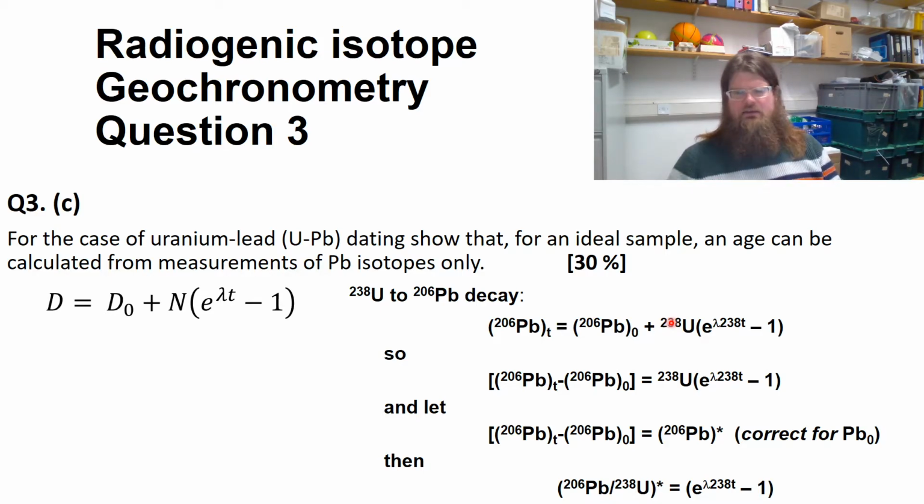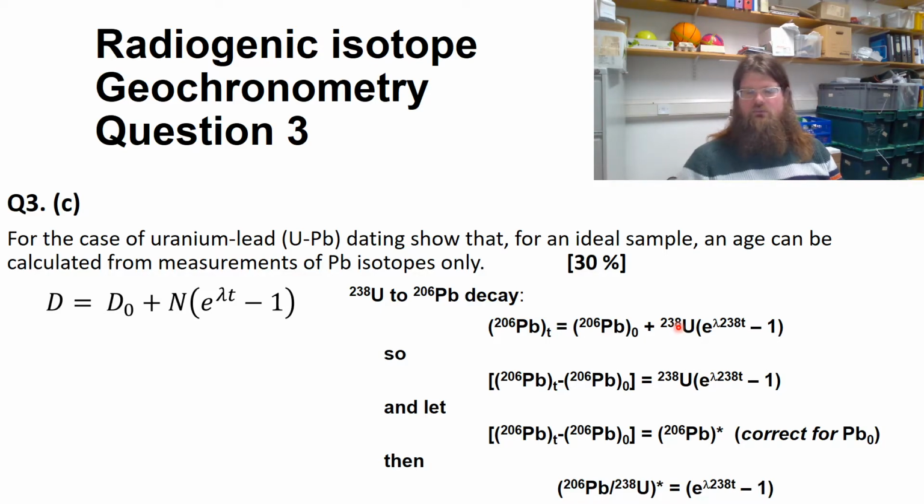But we want our sample to have originally formed without any of the daughter in it. So we want a mineral in which uranium is compatible but lead is incompatible. A really good example is the mineral zircon. It's also a really robust mineral, very difficult to dissolve in a magmatic system, so it's very good at keeping hold of its daughter products and all the trace elements inside.